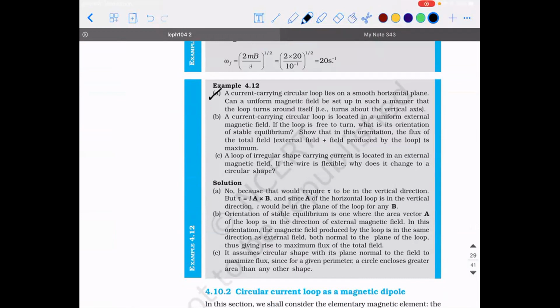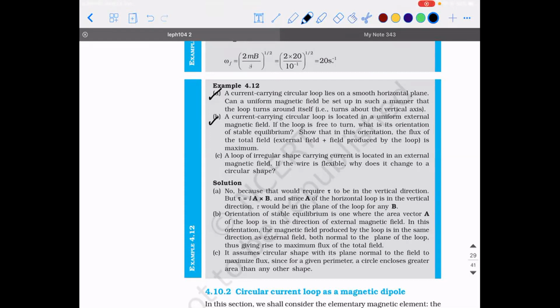So there is a current carrying circular loop which lies on a smooth horizontal plane. Can a uniform magnetic field be set up in such a manner that the loop turns around itself? That is, it turns about the vertical axis. Okay, that is the first question. Second is, a current carrying circular loop is located in a uniform external magnetic field.